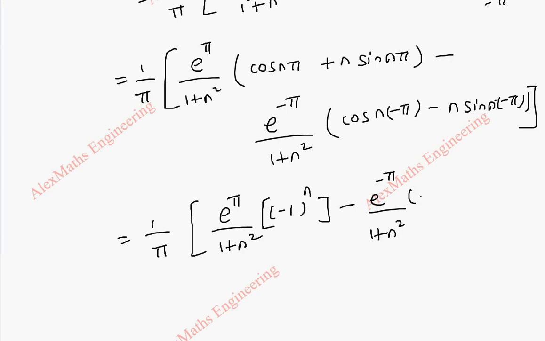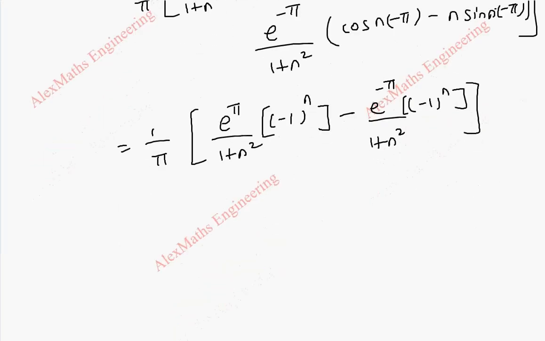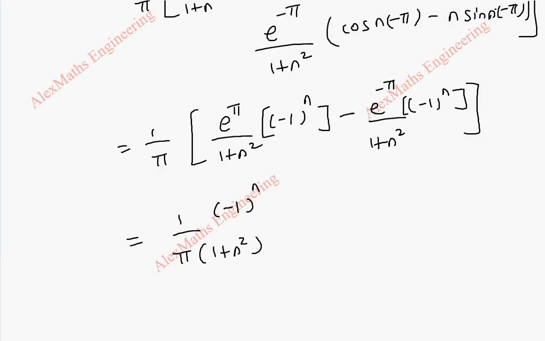So again this is minus 1 whole power n, and the second term is 0. Here we can take the common terms: 1 by pi, and in the denominator 1 plus n square is taken common. In the numerator minus 1 whole power n is taken common. After taking common, we are left with e power pi minus e power minus pi.